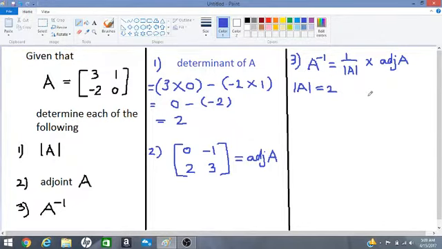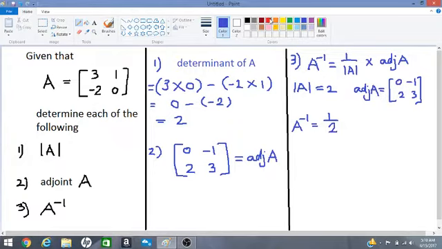Okay. The adjoint of A, we also worked it out here. This is the adjoint, this whole matrix. So we have adjoint of A (0, -1, 2, 3). Let's find the inverse. So A inverse equals 1 over the determinant, which is 2.